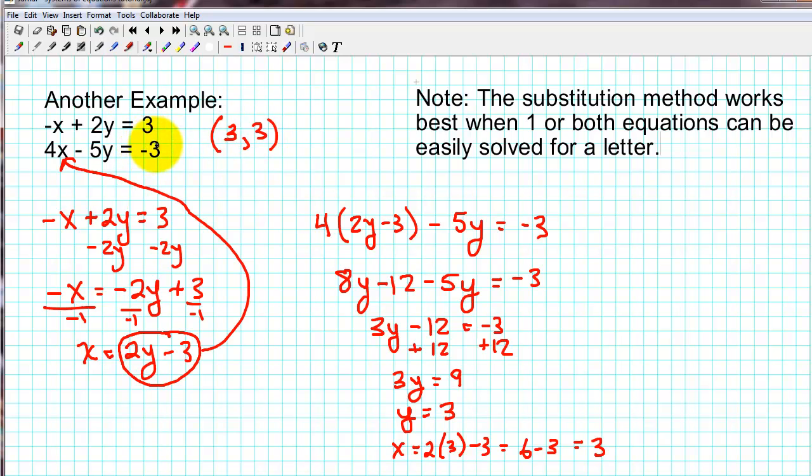So this method in these two examples is called the substitution method, and again, if you can solve one or both equations for a letter, and it doesn't have to be y, we showed here that you can solve for x, this method works well. Now let's look at a different example where the substitution method doesn't work as easily.